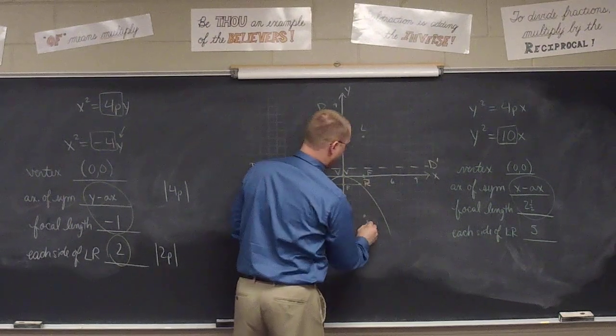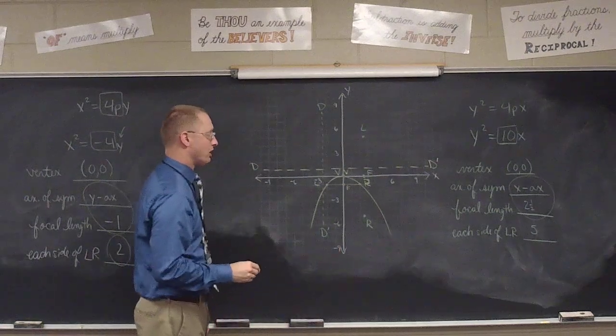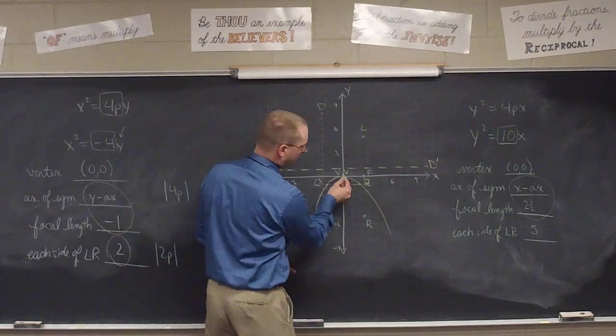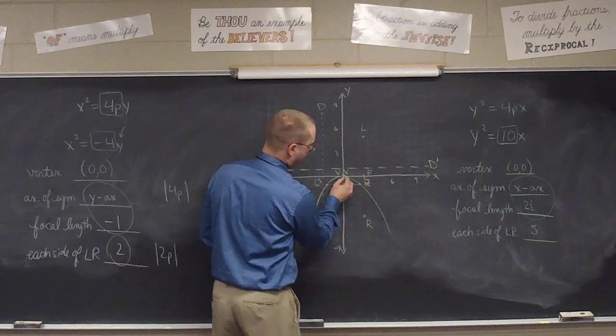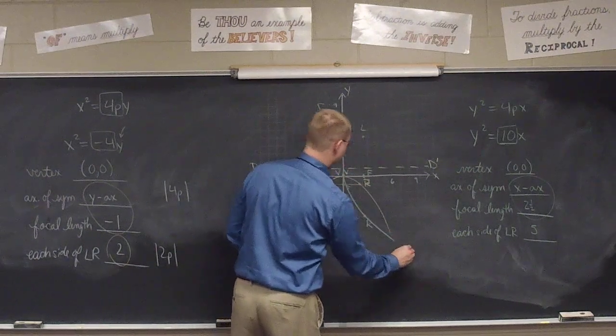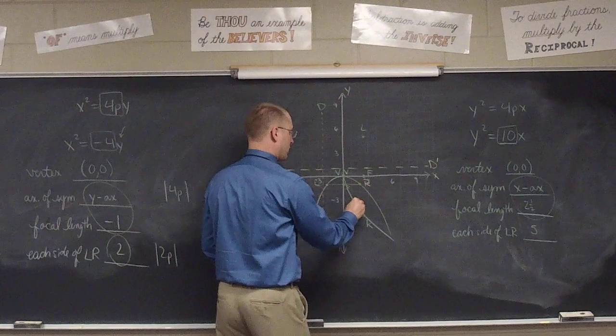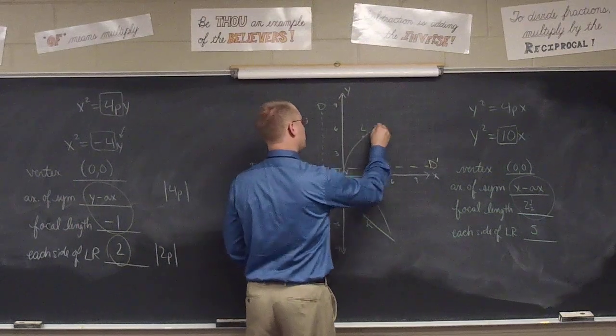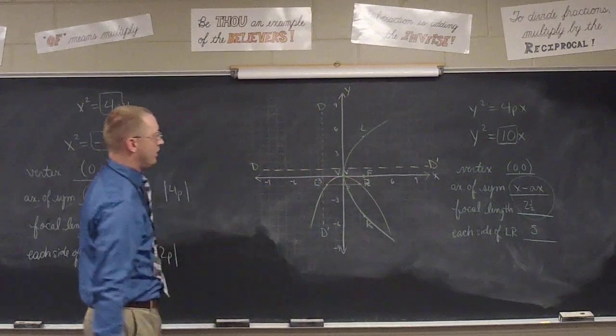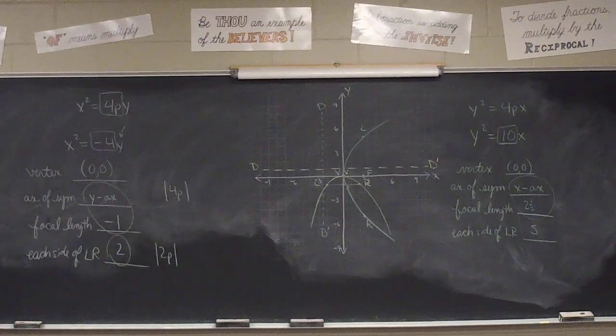Again, I'm not going to actually draw this latus rectum, but I will label the endpoints L and R. The key is to slowly curve my way through from V to R, and then I'm going to go back through the V and go through the L. I mean, a very wide parabola this time. And we knew it would be wide because it has a very large 4p or latus rectum value.